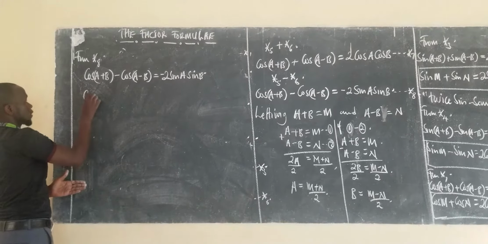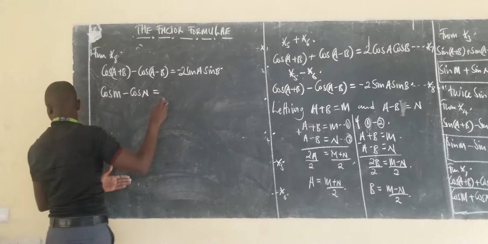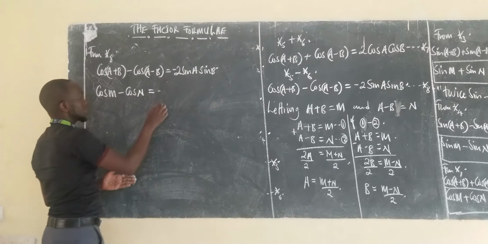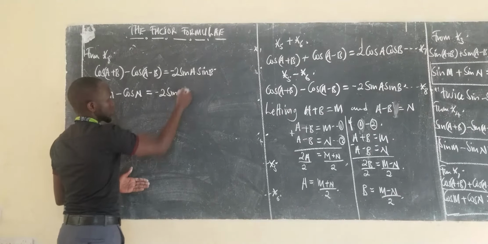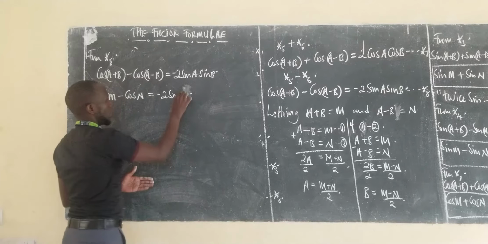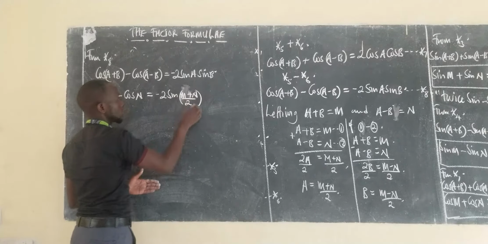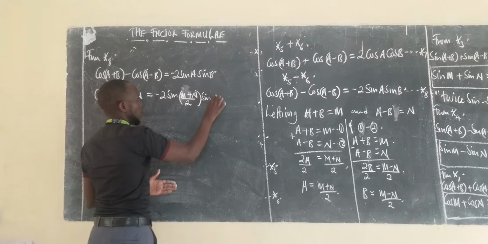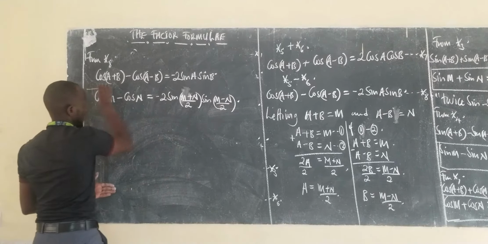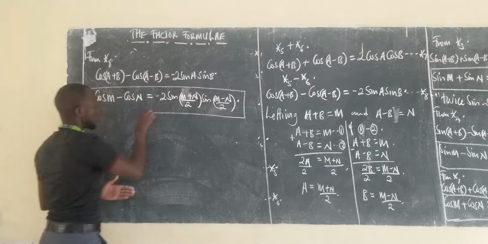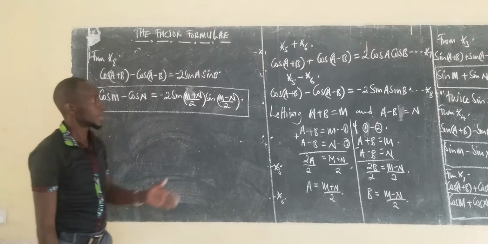So we shall have cos of M minus cos of N is equivalent to negative 2 sine of A, A is M plus N out of 2, sine of M minus N out of 2. This one becomes the factor formula for the difference of two cosines.